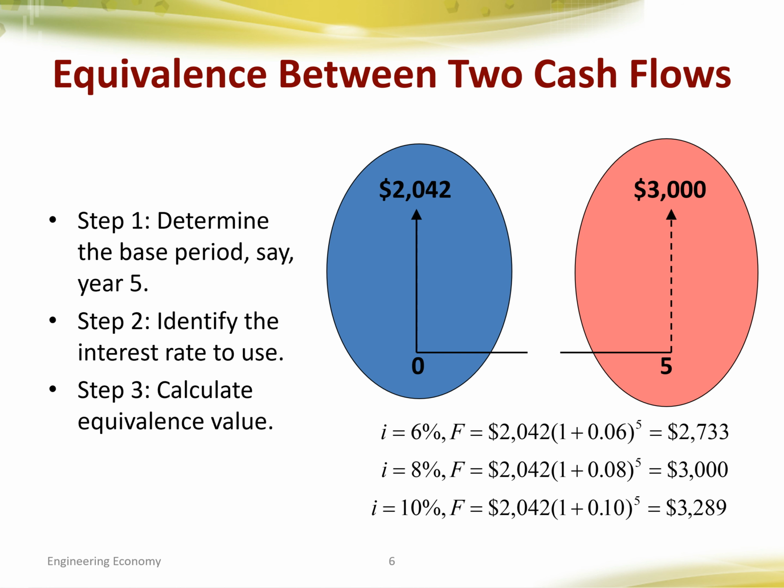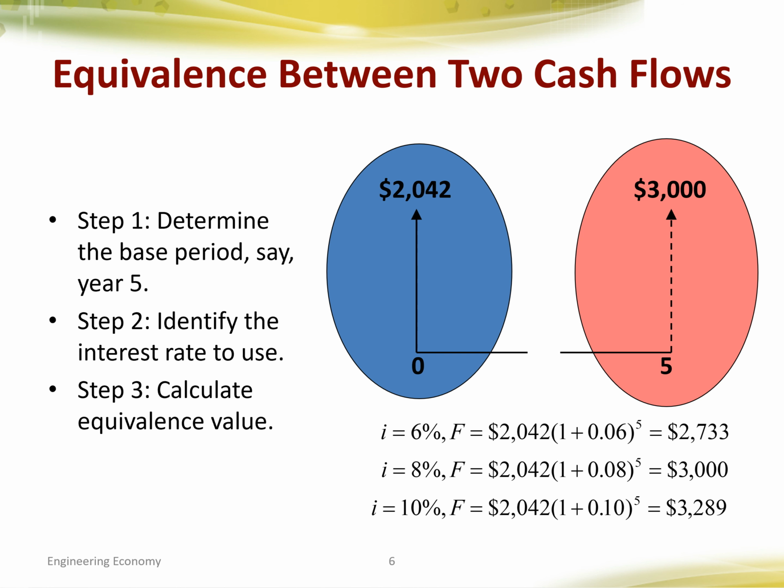So maybe we can try a different interest rate. We use interest rate 8%, and then we can also calculate the equivalent value at the end of the 5th period. And through the computation, it turns out to be 3,000.